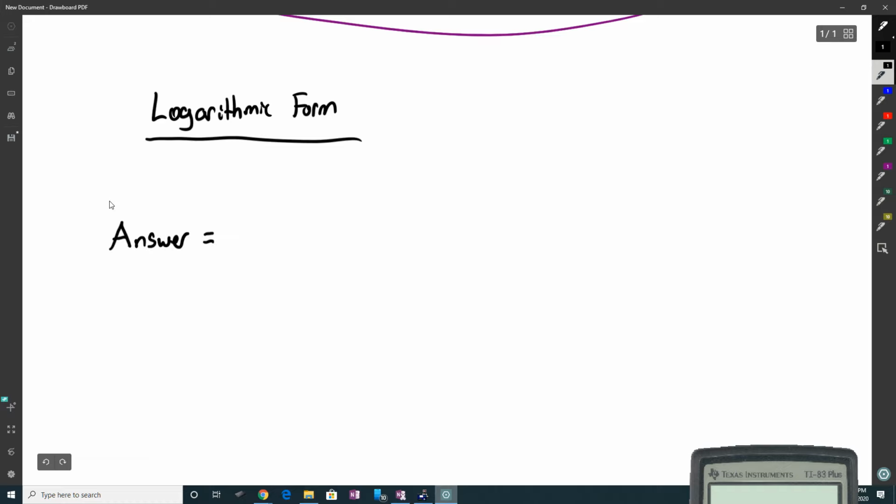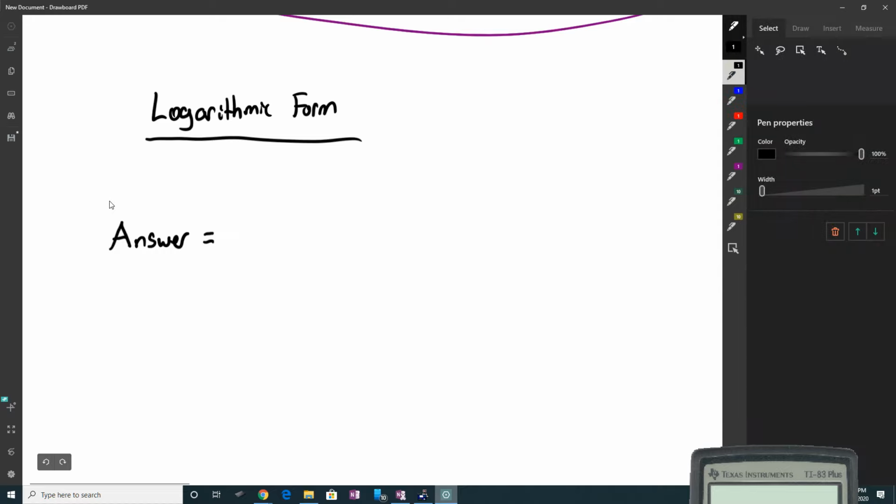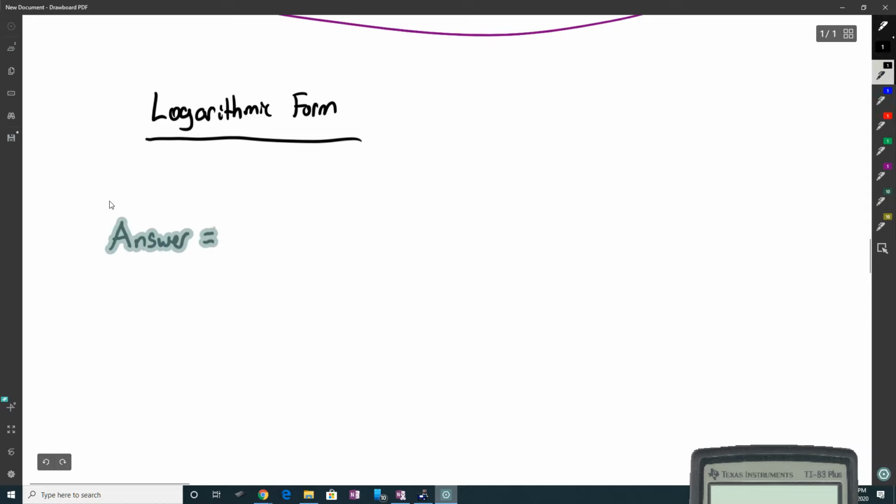Or you know what? It doesn't really matter. Usually when you see answer, you think of it as at the end. So let me go ahead and write it that way. So for logarithmic form, you have log, the base goes on the bottom. It's a subscript.